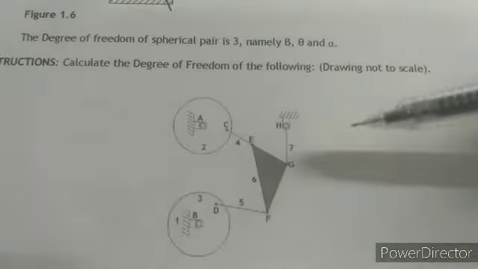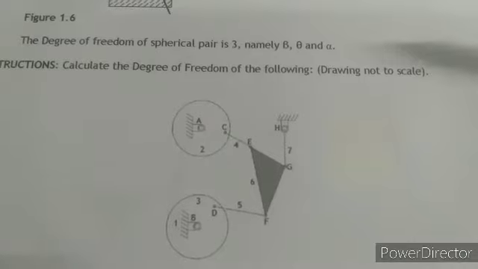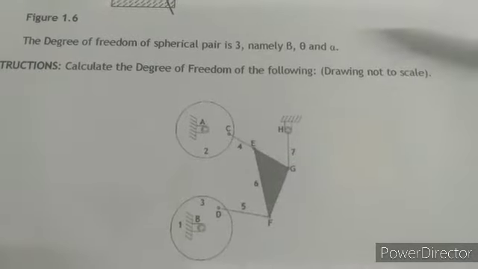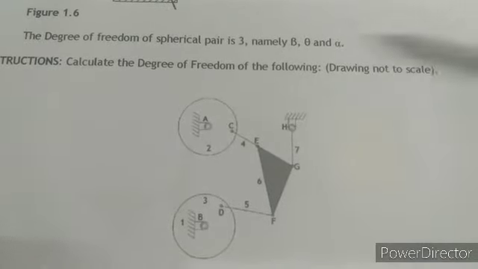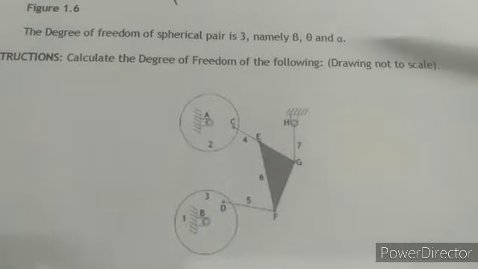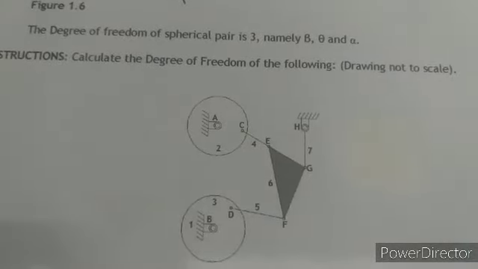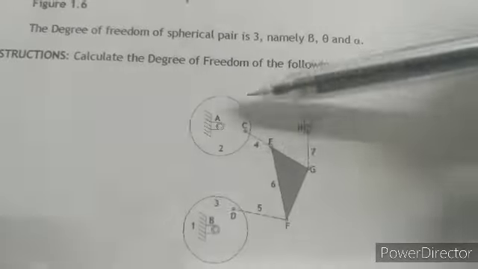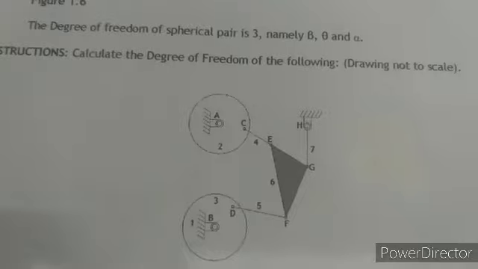So just looking at this mechanism and remembering our lesson from the previous assignment, we could already remember that the pairs represent more like the joints of the mechanism, and the links are the ones that are able to connect different parts of the mechanism to one another. So looking at this mechanism, we could see that the letters actually correspond to the joints or the pairs of this mechanism.